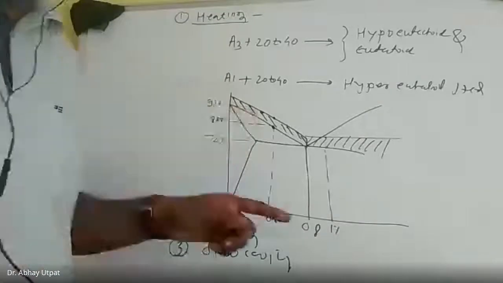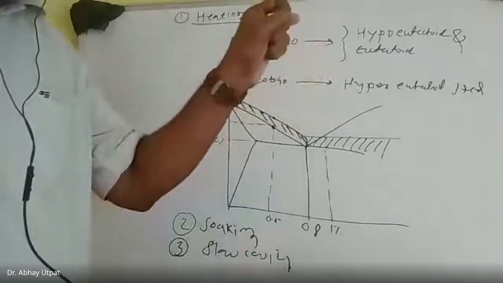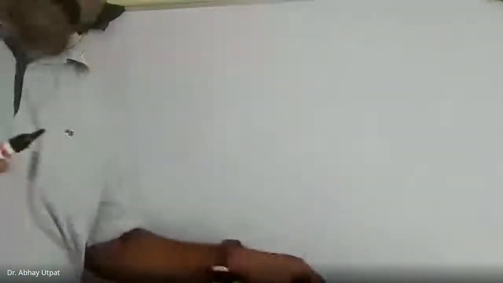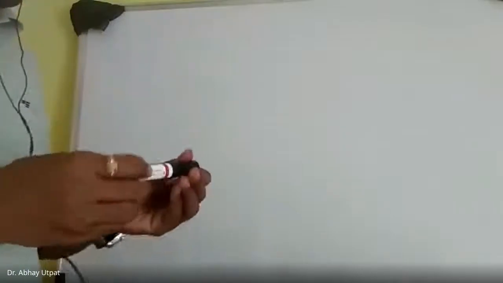I am going to explain, write the title: microstructure changes during annealing. Five minutes are remaining. It will not be over, but at least we can start it.